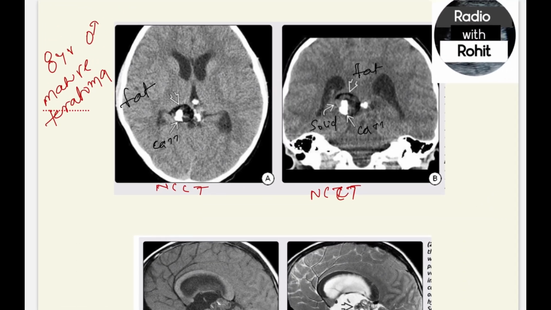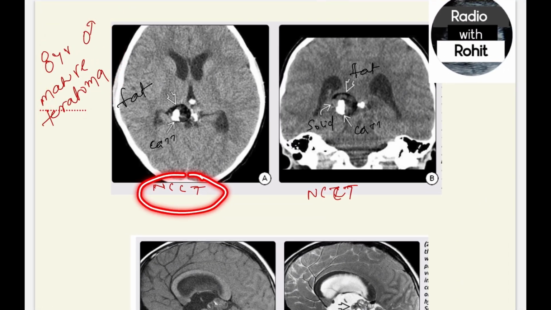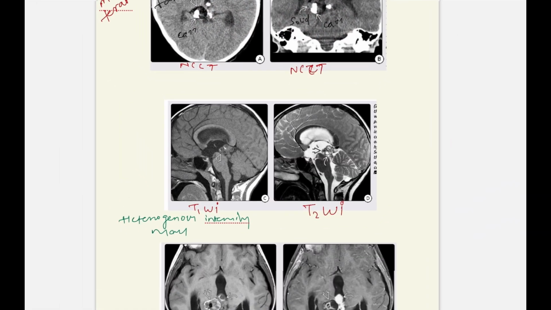On CT, fat density plus calcium plus soft tissue density indicates teratoma. So the solid mass, calcium and fat all together constitute the teratoma.